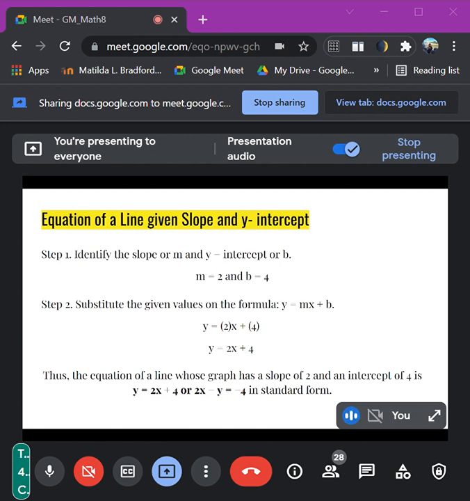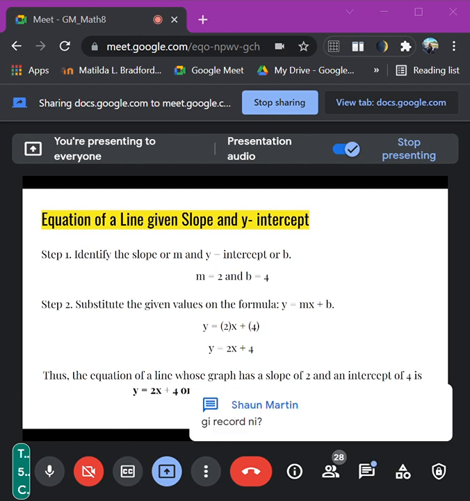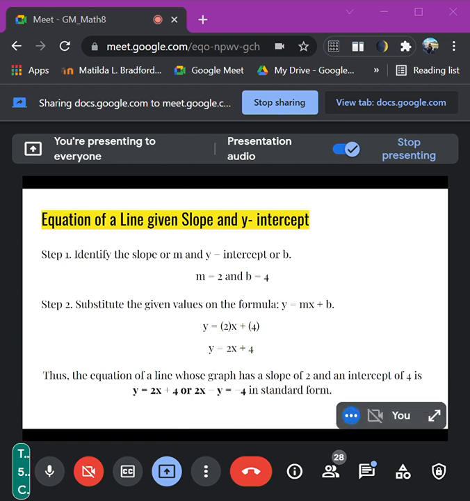Okay? So my first question is, what is our formula if we are given 2 points? Which formula do we use if the given are 2 points?